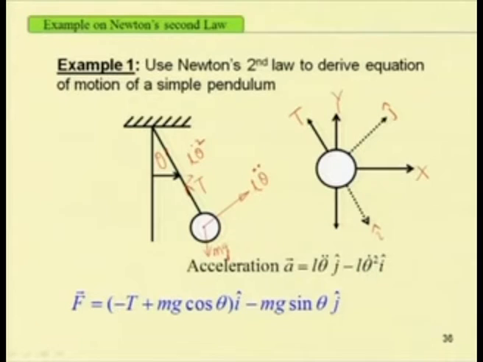So, for a moving or rotating bob, we have these two terms.